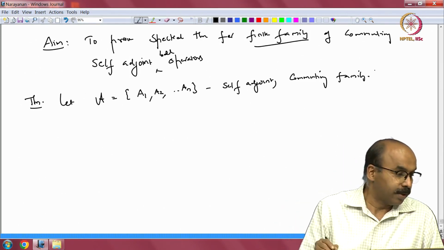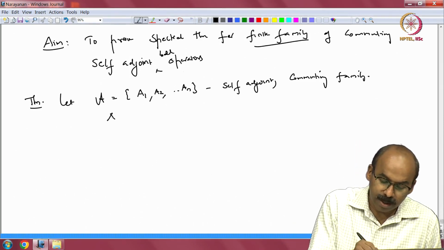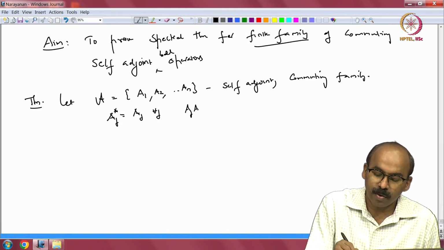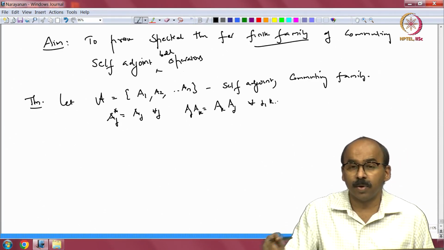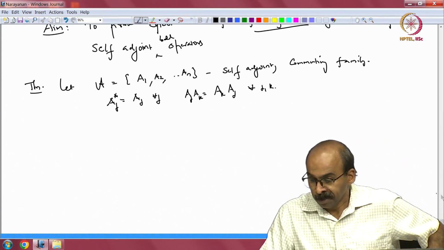So, Aj self adjoint means Aj star is equal to Aj for every j, and Aj Ak equal to Ak Aj for every j, k. That is what you mean by a commuting family of self adjoint operators.